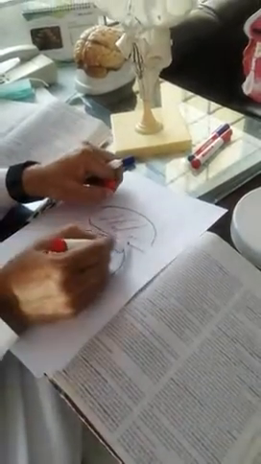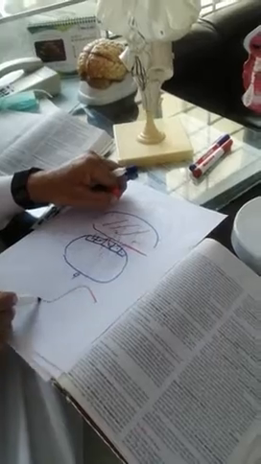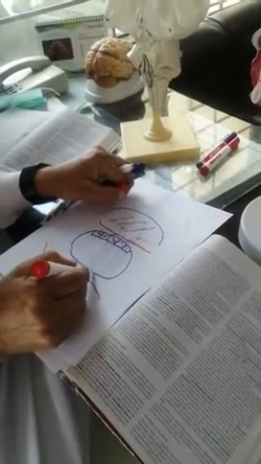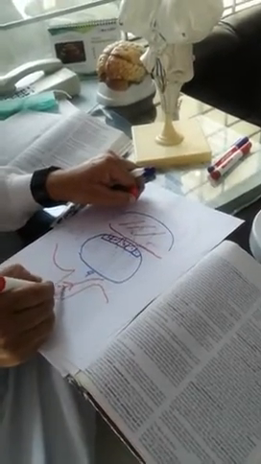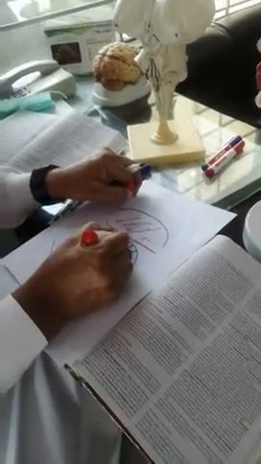What will happen is that this pia mater will form folds, and the blood vessel, when it comes over here, divides into a tuft of capillaries in this area.